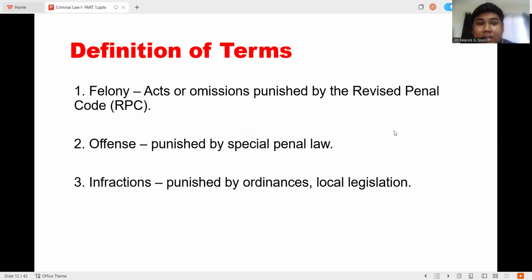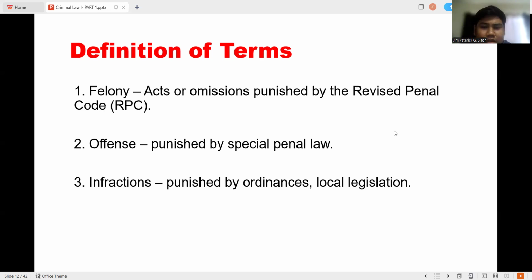That's Republic Act 9262. So those are examples of special penal laws. And if a person violates those special penal laws, he is called an offender because he committed an offense.